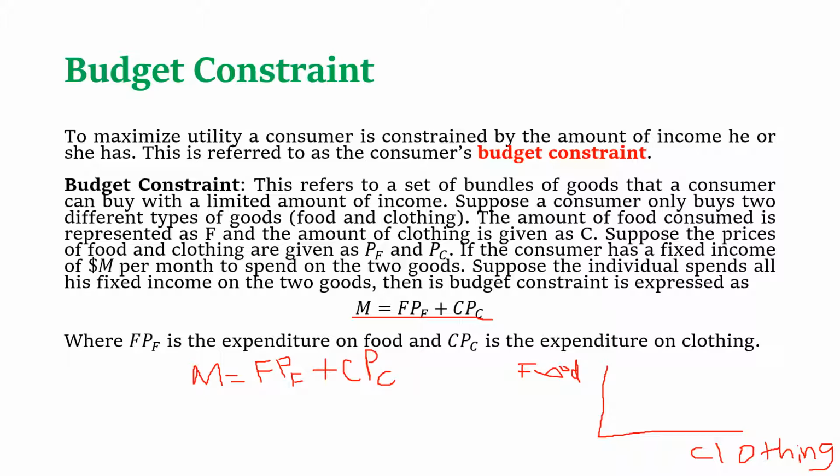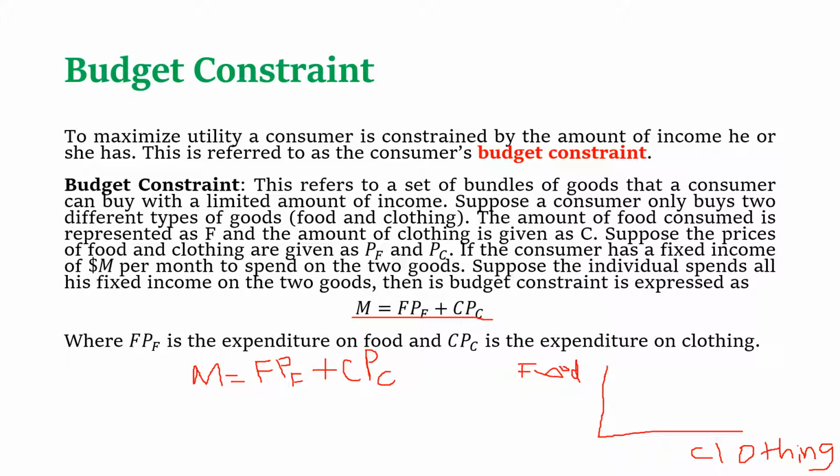Now, I said we want to find the intercept on the food axis. How do you do that? I told you earlier that if you want to find the intercept on the food axis, you divide this budget line by what? PF, throughout by PF, right? And then you solve. If let's say you have two goods, X and Y, and then the consumer's income is M, then the budget line will be what?